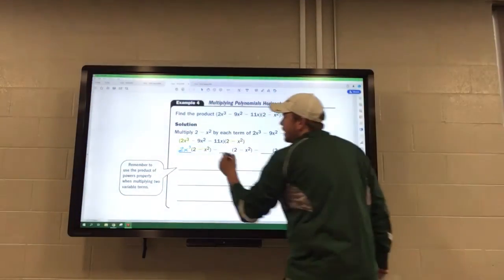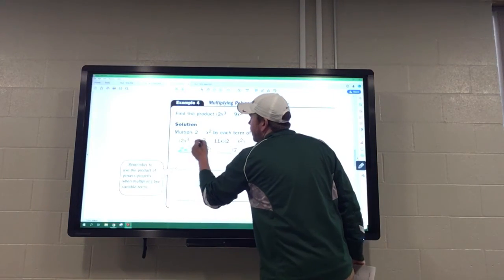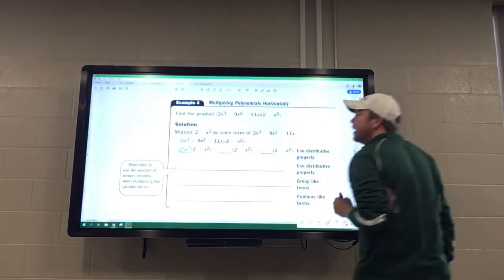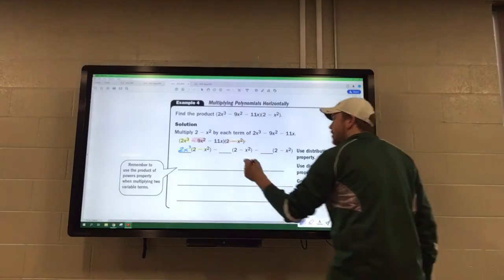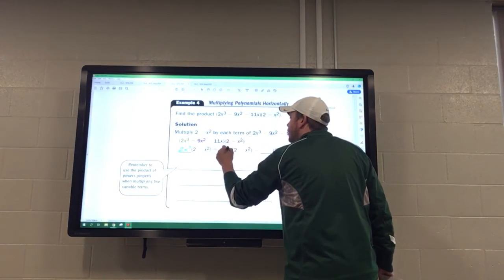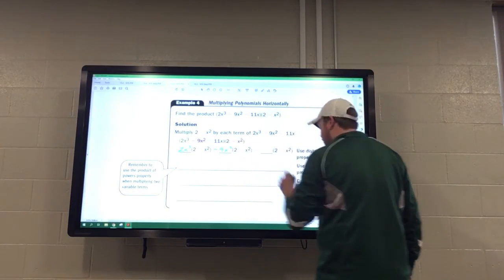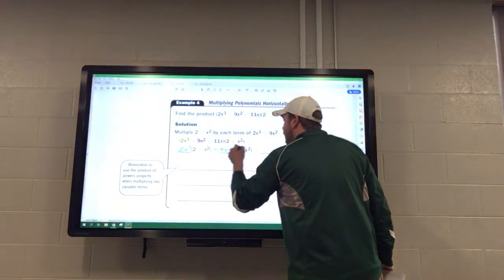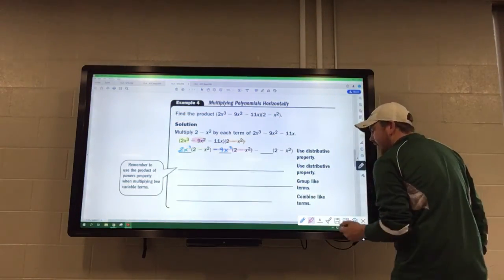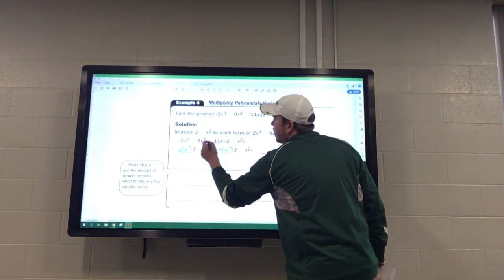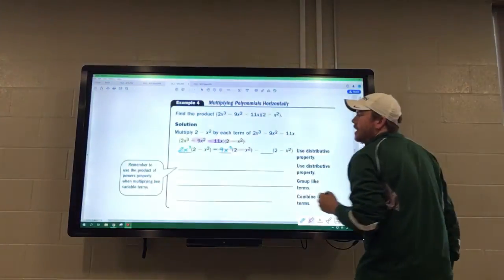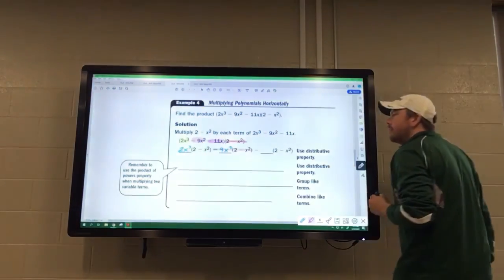Next, take your next term in your trinomial and multiply it by everything in your binomial. So that means we're going to take our negative 9x squared and multiply it by 2 minus x squared. And then we take our negative 11x and we multiply that again by everything in the binomial.